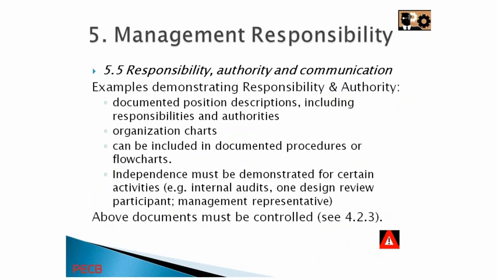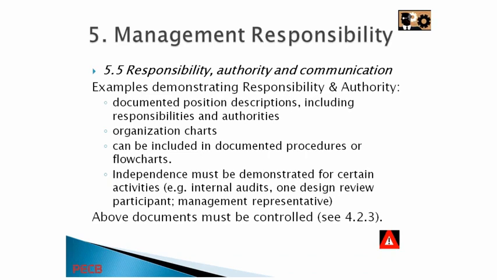5.5 is related to responsibility, authority, and communication. The organization has to define the responsibility and authority, and it should be documented: position descriptions, including responsibilities and authorities. An organization chart can be included in a documented procedure or flow chart.